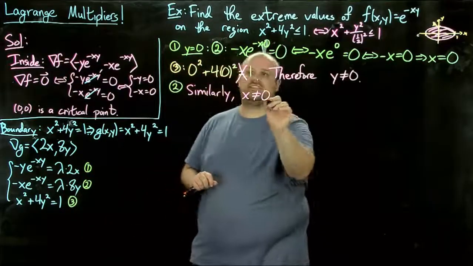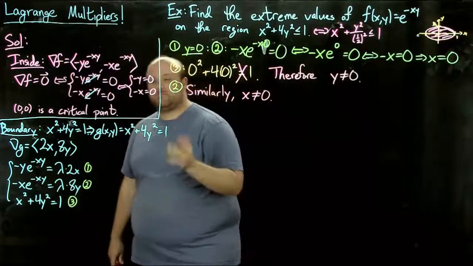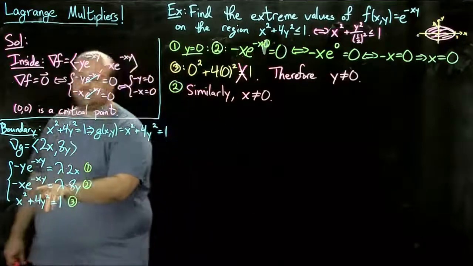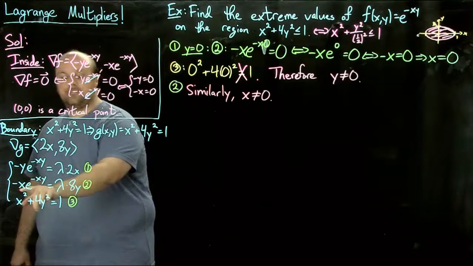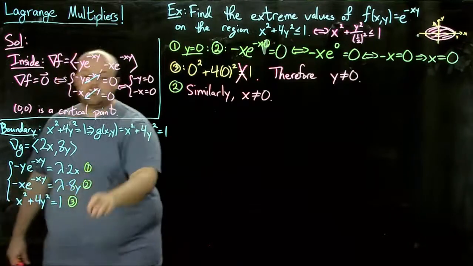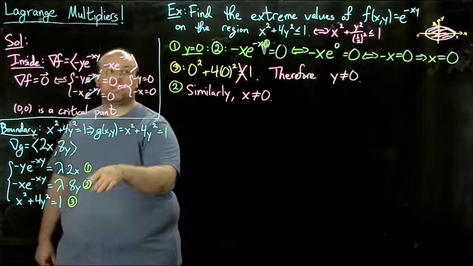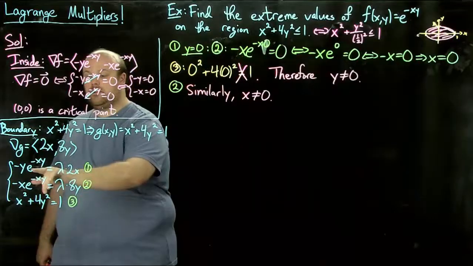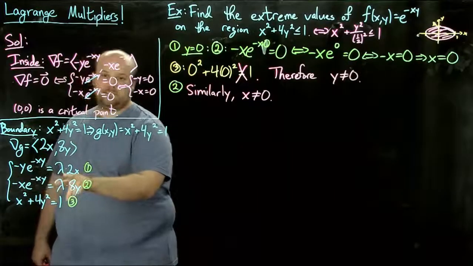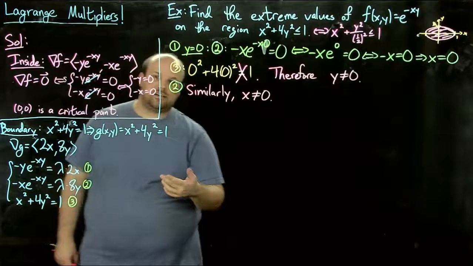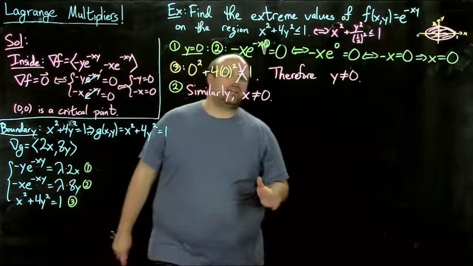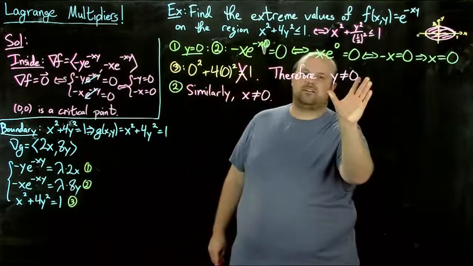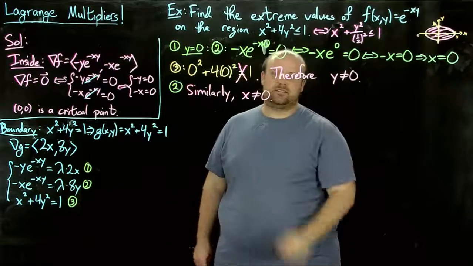Right? So what's the idea there? I won't write it down, but what happens is either x is 0 or it's not. If x is 0, then we go up to equation 1, and for the same reason as here, we get that y has to be 0, and again, that's a contradiction to equation 3. So what we know then is y is not 0 and x is not 0.